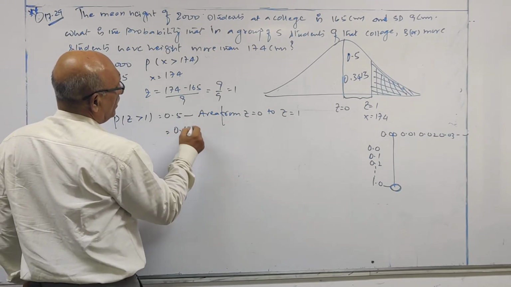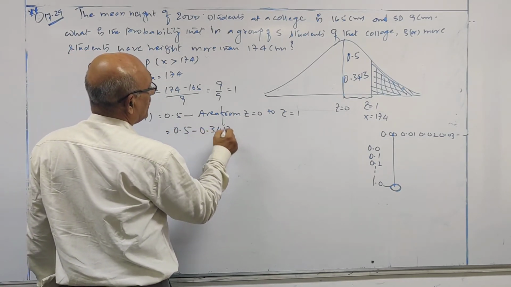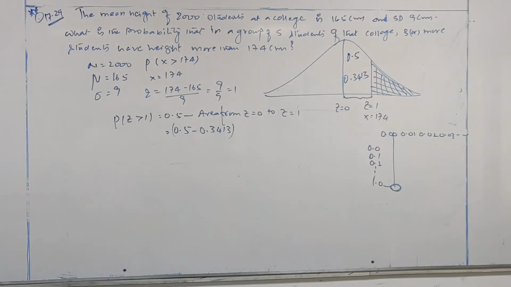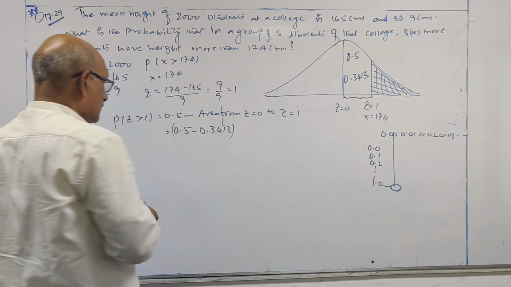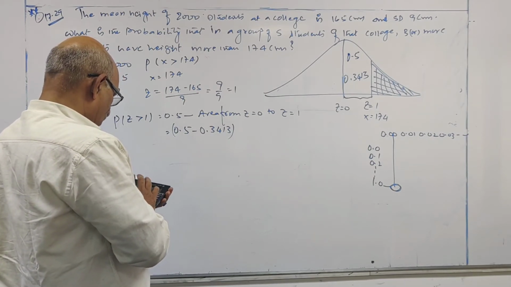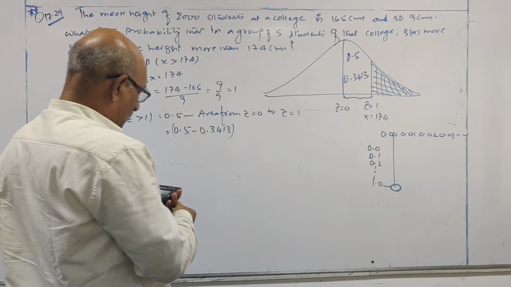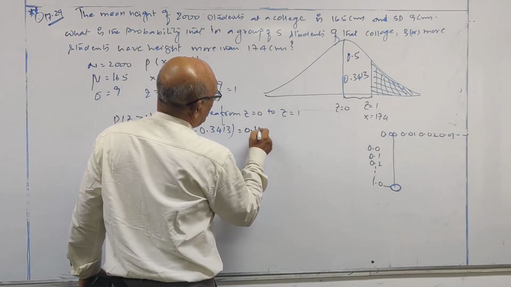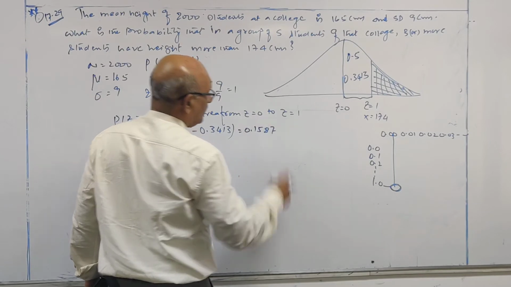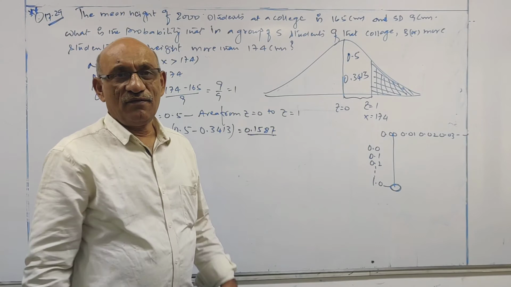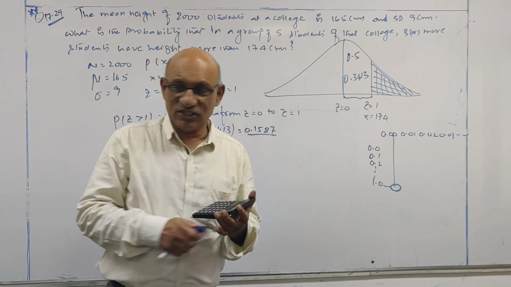This is 0.5 minus 0.3413, which is 0.1587. This should be taken for small p when I do the required calculations.